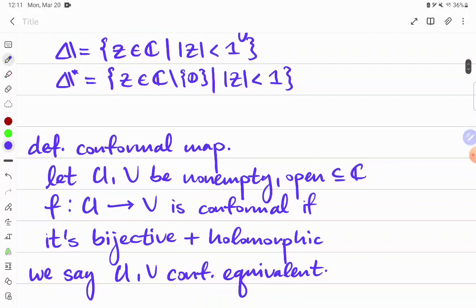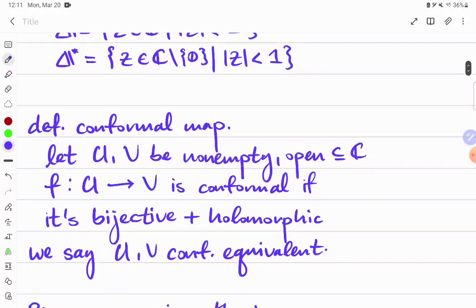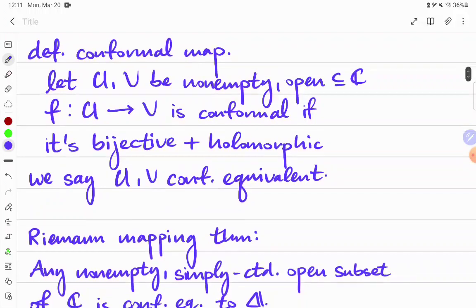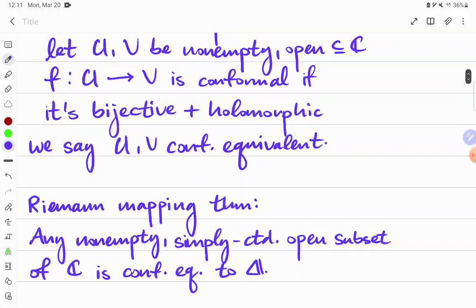We can somehow smooth them out by taking this function, which maybe is not constructively defined, but it's still conformally equivalent to the unit disk as long as it's simply connected, and this is quite surprising. So this is the content of the Riemann Mapping Theorem. It states that any non-empty, simply connected open subset of C is conformally equivalent to the open ball of radius 1.